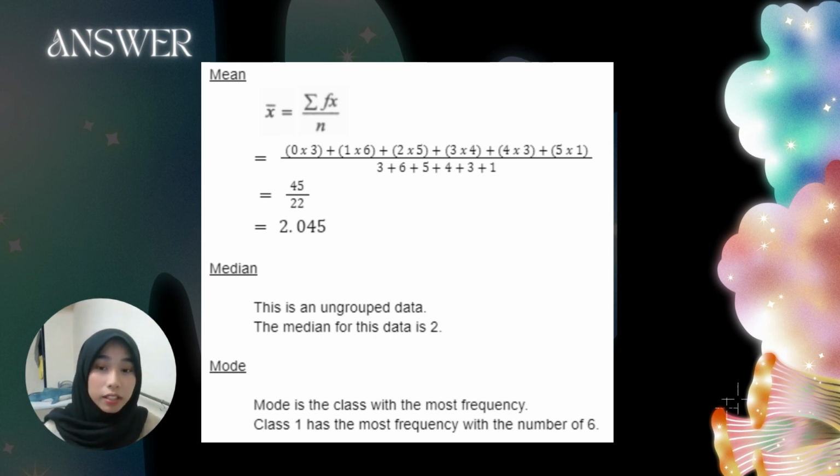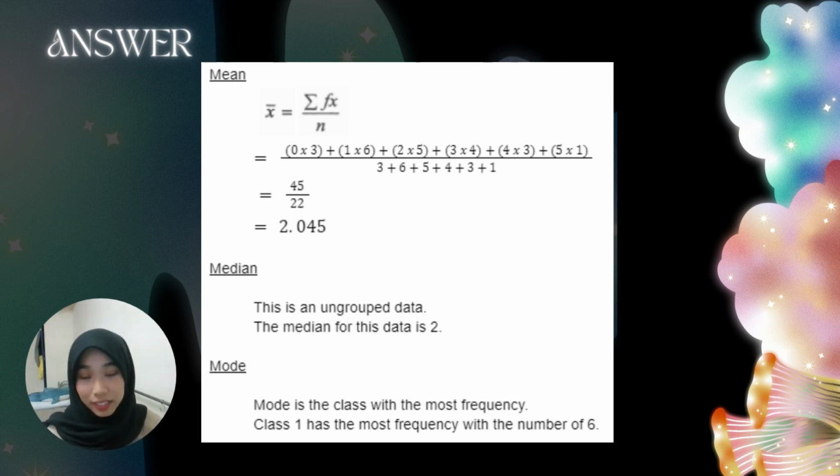Then 45 over 22, the final answer is 2.045. That is the mean for the question earlier.